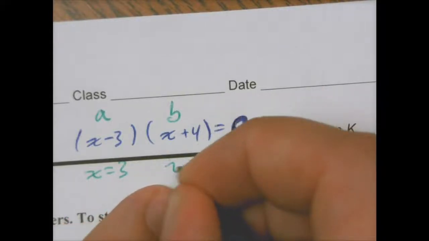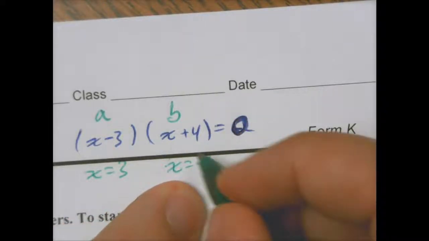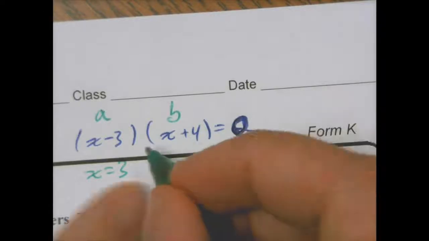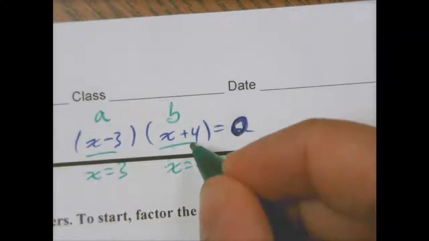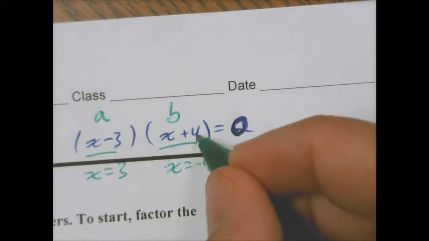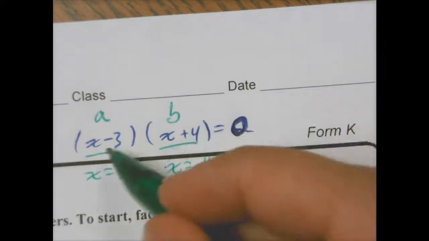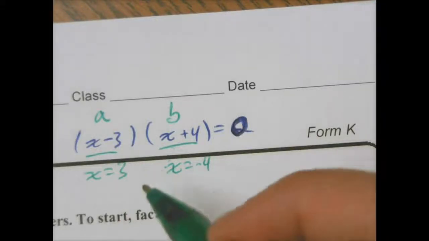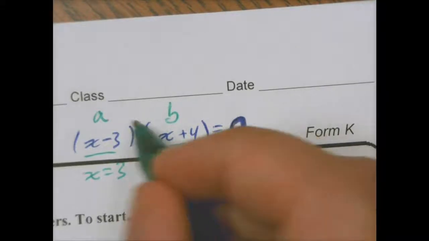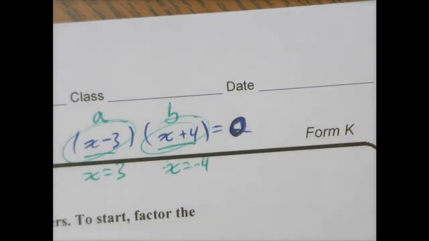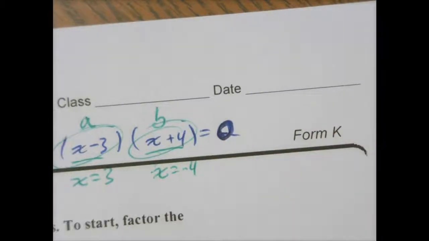Or it could be negative 4, such that negative 4 plus 4, this entire factor, because I have this times this, is 0. Anything times 0 is 0. So notice I have something times something equals 0, so one of those things must be equal to 0 for that to be true.